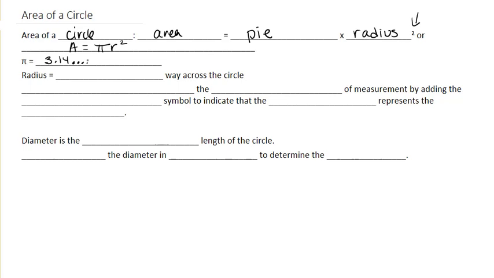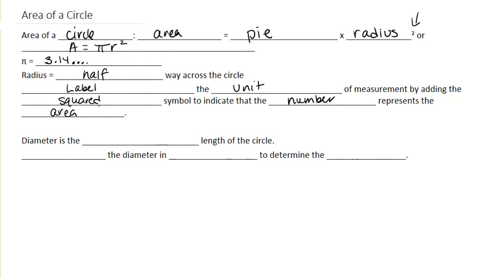Now the radius is half the way across the circle. Now what we're going to do is label the unit of measurement by adding the squared symbol to indicate that the number represents the area.